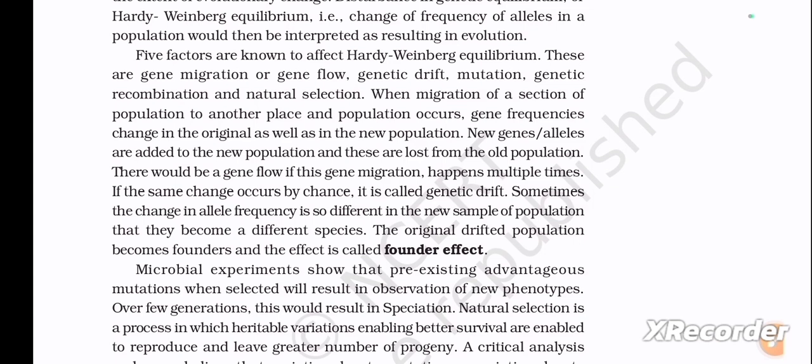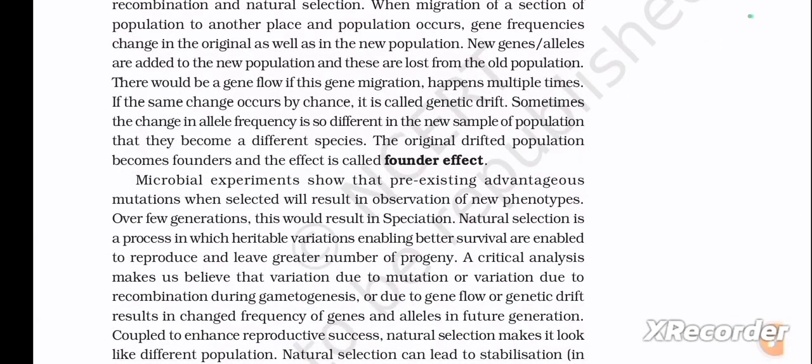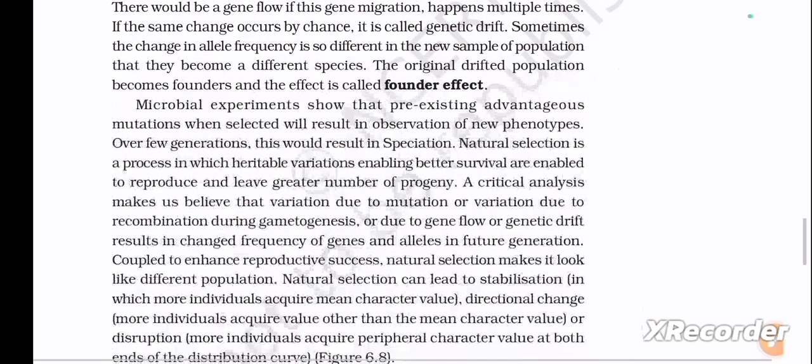If the same change occurs by chance, it is called genetic drift. Sometimes the change in allele frequency is so different in the new sample of population that they become a different species. The original drifted population becomes the founders and the effect is called the founder effect.